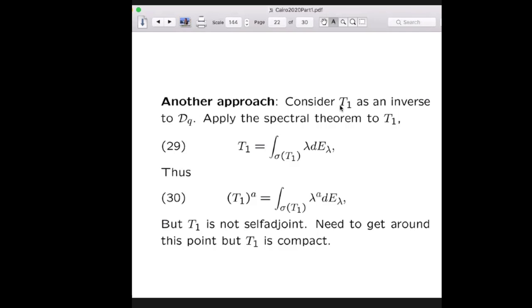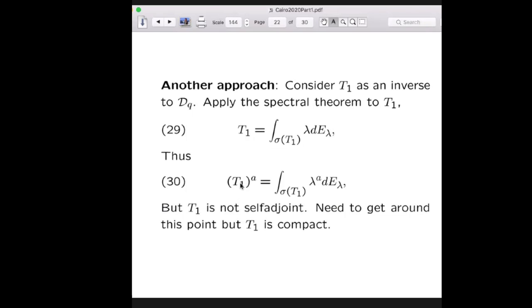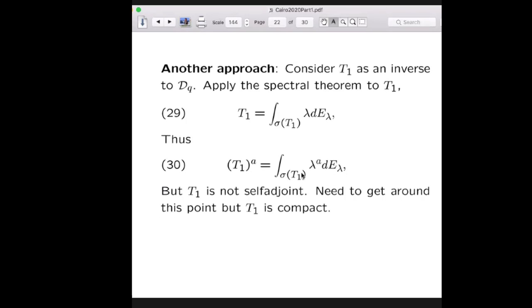And if this operator were normal or self-adjoint or something like that, we'd have a spectral theorem like this. And then I can replace this by any continuous function in it. So in particular, I can raise T1 to the alpha by this integral. And this would have been very nice. But of course, T1 is not self-adjoint, as I told you.